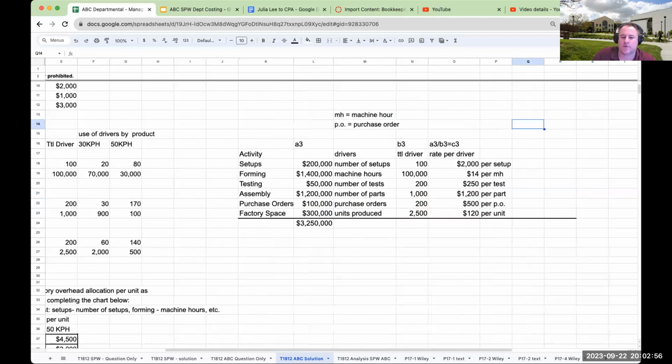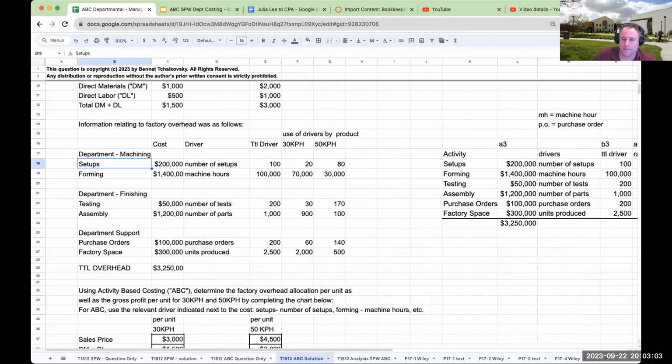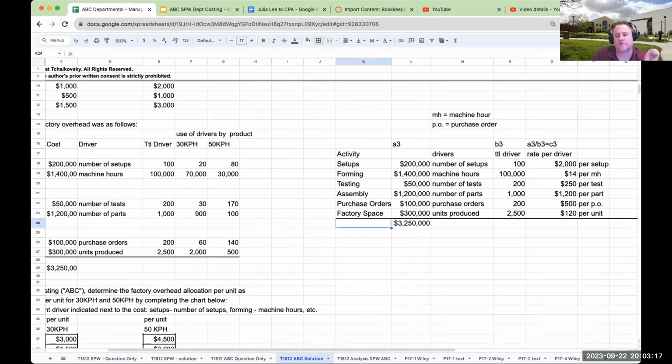Okay, so I've come over here and this is my rate per driver. So again, I'm taking the total amount of the category, and when I add up the categories, it has to equal up to my total overhead. That's what it has to equal up to. So I come over here, my total amount of my overhead, it's got to be equal over here.